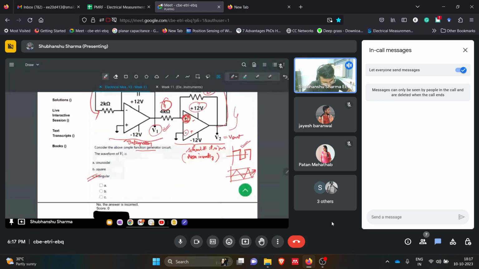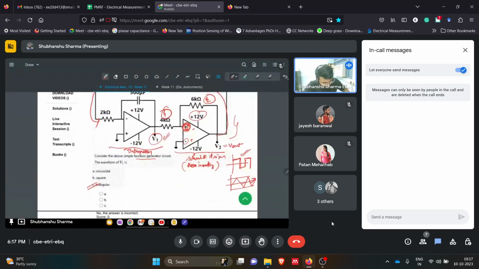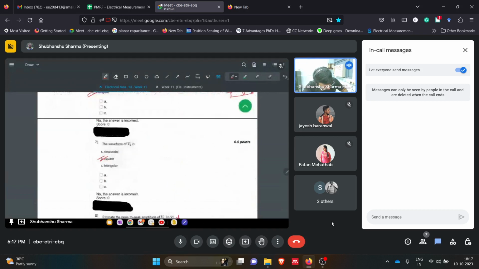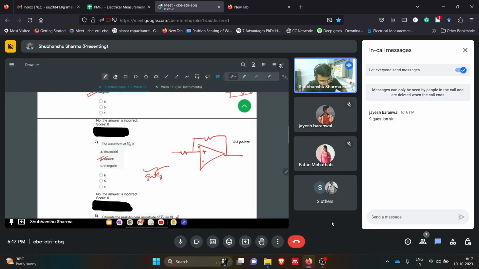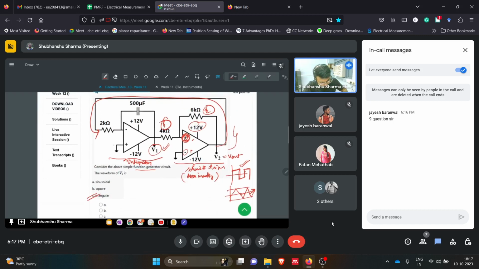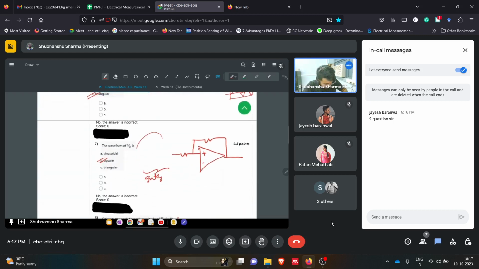So there may be a chance that in this Schmitt trigger, I will draw this circuit here, plus, minus, there is a resistor here. The circuit is as it is, what we have seen. No issues. But what if some feedback is being given from here.